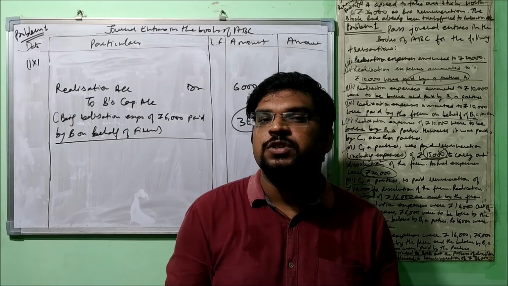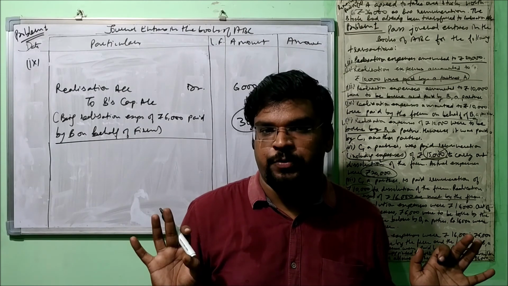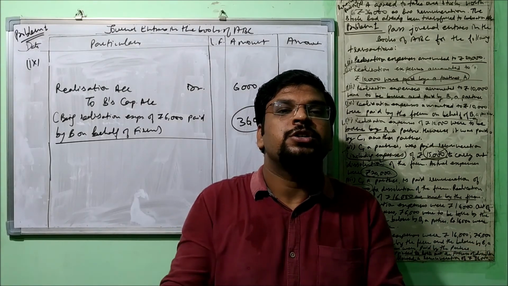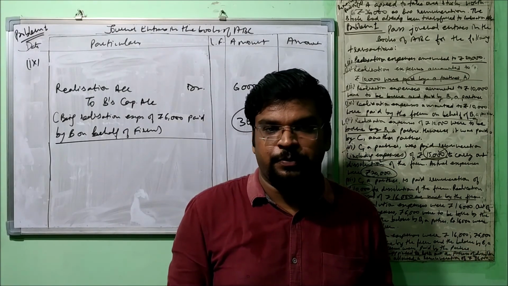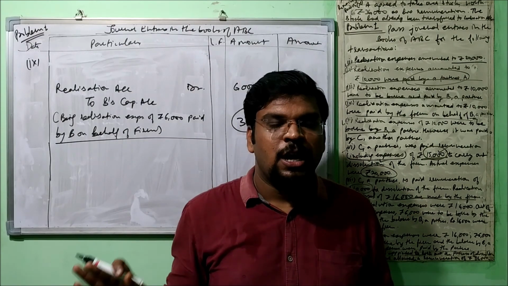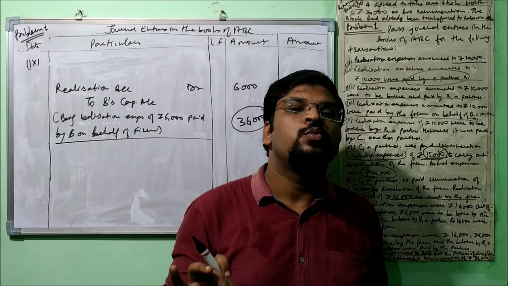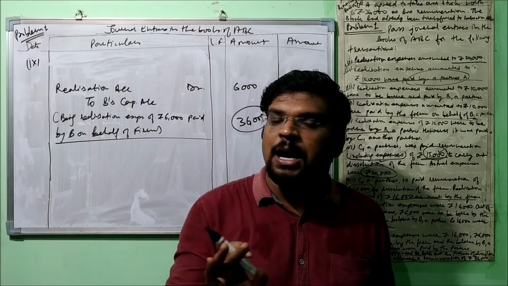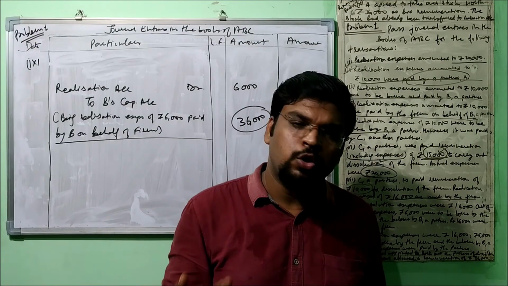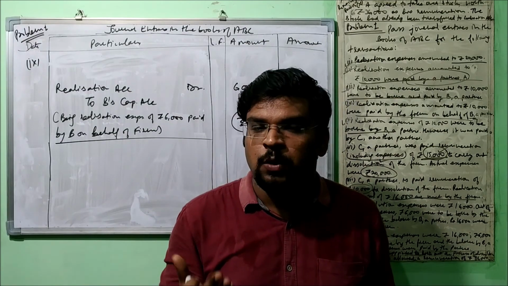Then in that case we do not pass any entry. Now you will see what is a liability. To pay remuneration to a partner was a liability for the firm, right? So in one case there is no entry, and if you are going to pass an entry for this, I'll show you the effect will be nullified. If you want to pass, go and pass the entry. What entry will be done?